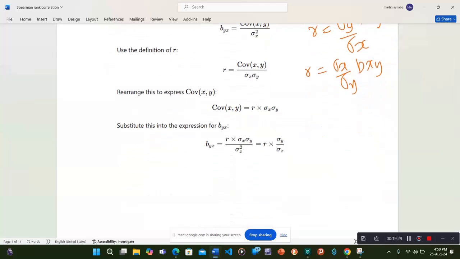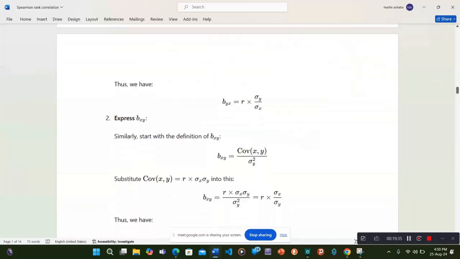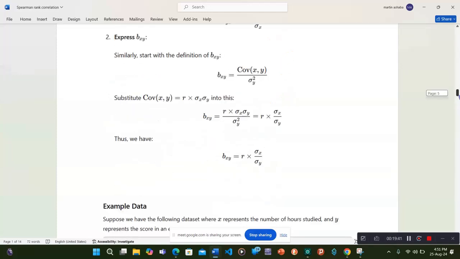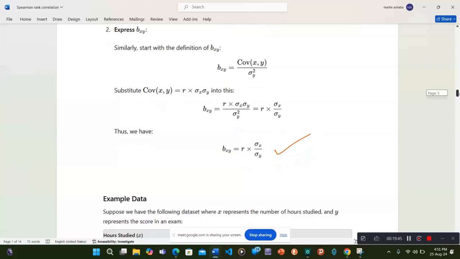So that's what you can see that is being obtained here, and that is the same. And that is the one we are talking about.